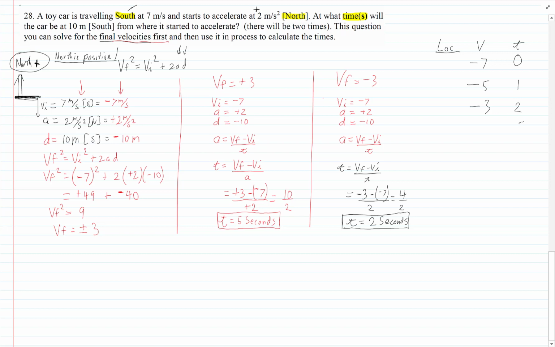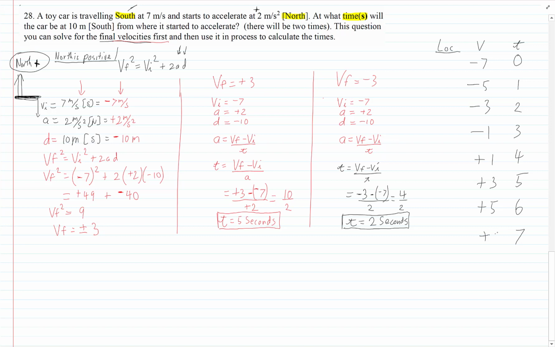And at time 3, it'll be negative 1. And at time 4, it'll be positive 1. And at time 5, you're going to be positive 3. And at time 6, because we're adding 1 second onto this, and every second your velocity changes by 2, this will be positive 5. And at time 7, positive 7.